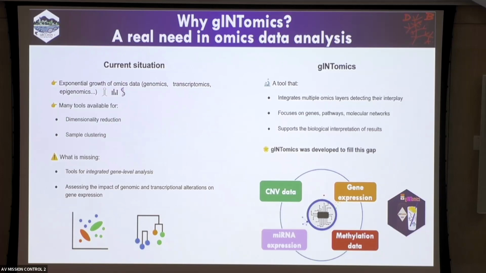So to solve this need, we developed Gentomics that integrates different omics and is also able to detect the interplay between the different omics to understand how, for example, copy number or other alterations can impact gene expression, and also to support the biological interpretation of the results of our models.